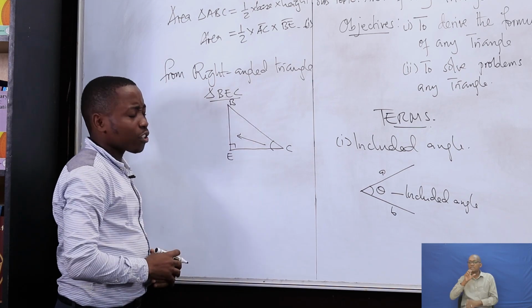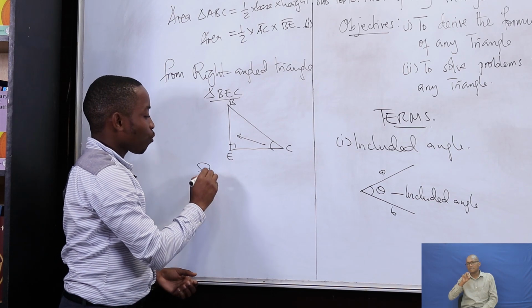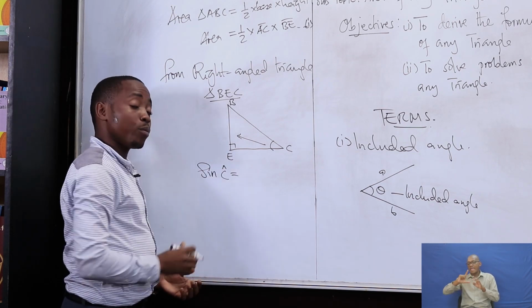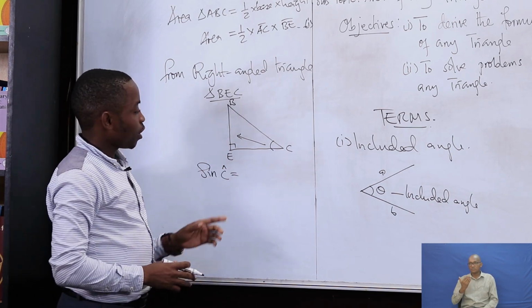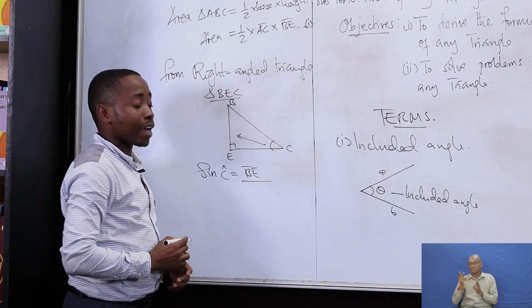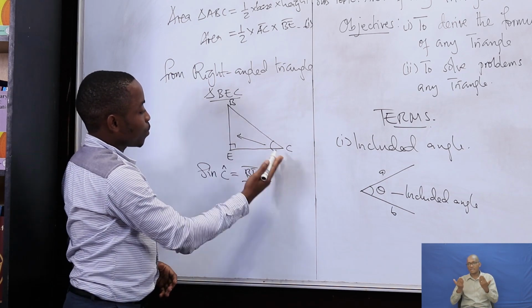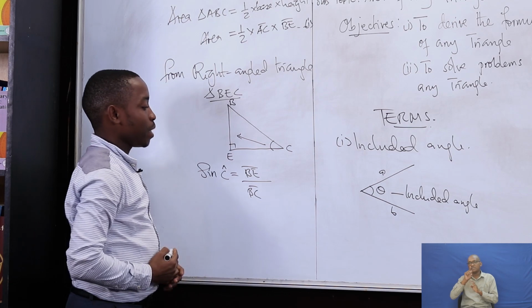So how can we get the sine of angle C? Sine of angle C will be obtained by taking the opposite side, our BE side, divided by the hypotenuse. Hypotenuse is BC.